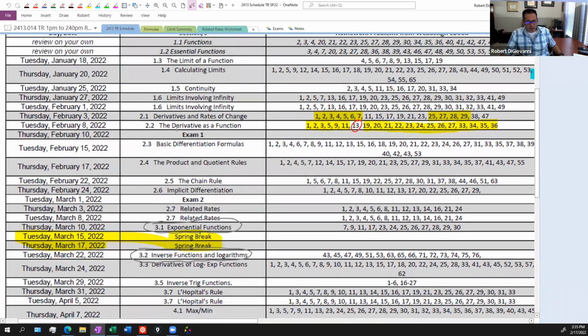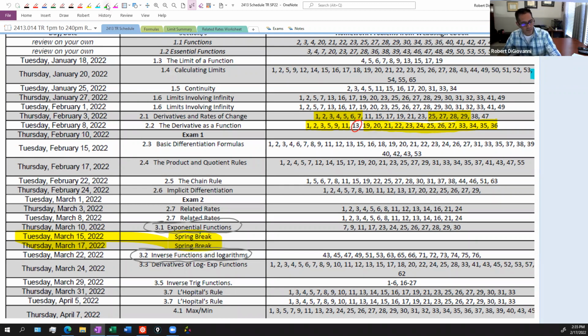The homework for 2.2, I looked at it earlier. Do everything except 13. That's a lot of problems. The first, all the way up through 11 is where you're drawing pictures and matching the stuff I showed you before. Once you get to 19, it's 19 through 27.